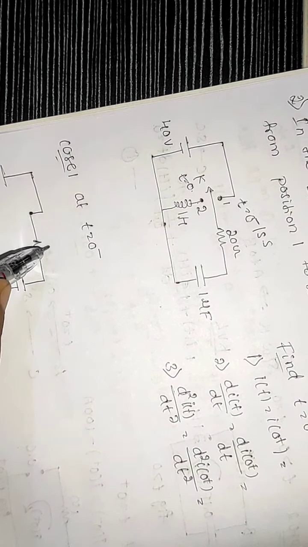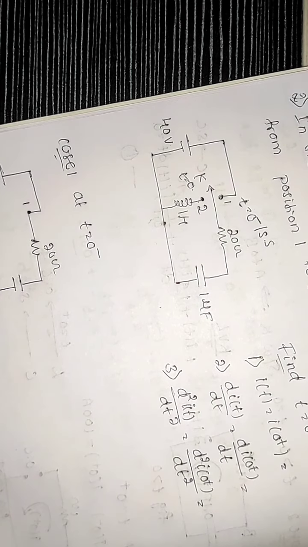I am drawing the diagram here: resistor, capacitor, the 20 ohm, 40 volt, position 1.